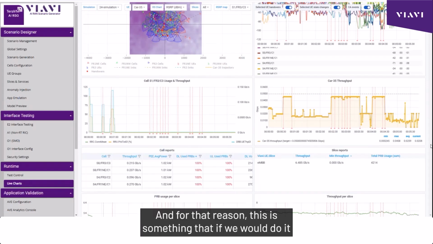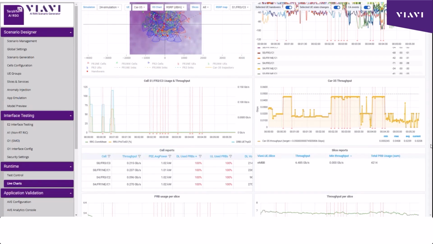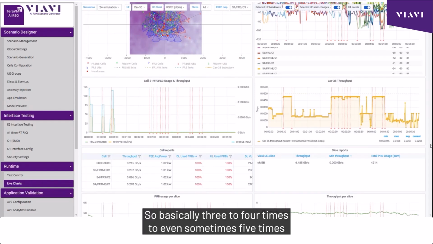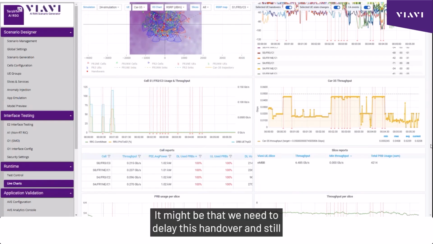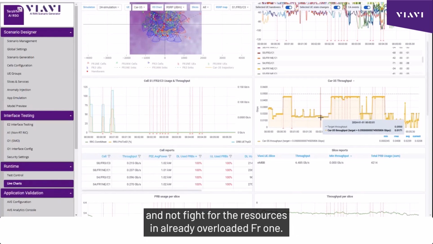If we would do it intelligently with an intelligent cognitive traffic steering app, then it might be that in spite of the RSRP, and sometimes even RSRQ, being lower, because FR3 has much more PRBs, with 200 to 400 megahertz bandwidth, so basically 3 to 4 times, sometimes even 5 times more PRBs compared to FR1, we need to delay this handover and keep this UE on FR3 to benefit from the higher throughput and not fight for resources in the already overloaded FR1.